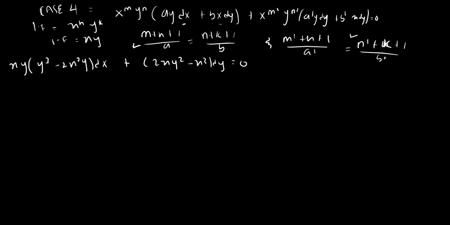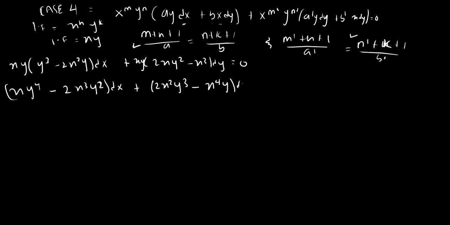So we're going to have multiplied by xy here. Alright, so we have xy to the power of 4 minus 2x cubed y squared dx. Then plus 2x squared y cubed minus x to the power of 4 y dy is equal to 0. And then we're going to integrate: integral of m dx plus integral of n dy is equal to c.